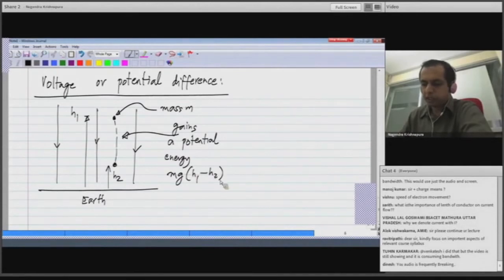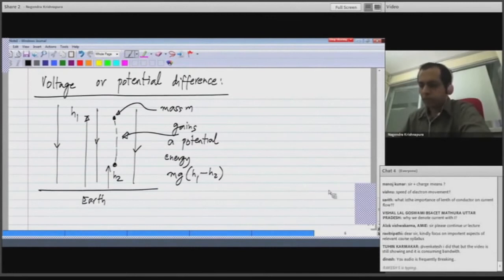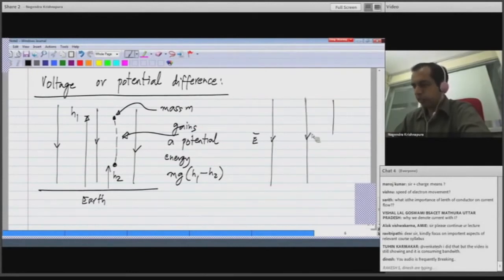So you see that the gravitational potential energy that is gained is proportional to the mass. And the electrical potential energy that is gained will be proportional to the charge. So we leave out this. This charge and mass are properties of the body that is falling, and the rest of it is a property of the field. That is the potential difference.